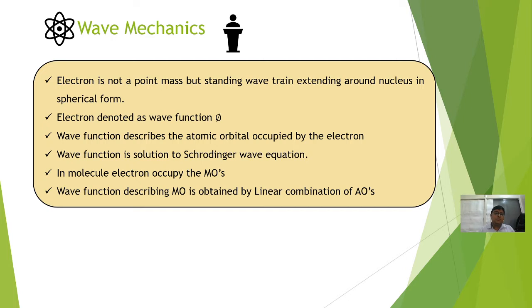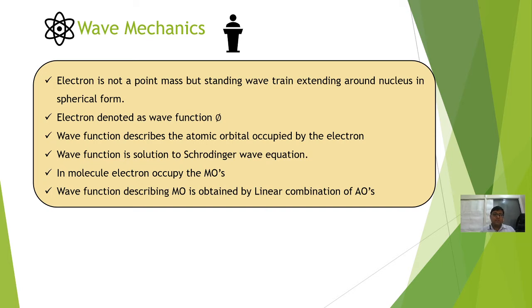The electron is denoted as a wave function phi, and the wave function describes the atomic orbital occupied by the electron. If it is an atomic wave function, it is denoted by phi. If it is a molecular wave function, it is denoted by psi.